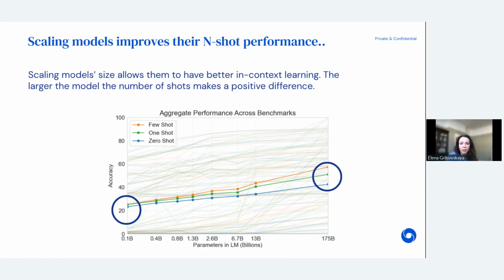Different lines correspond to zero-shot, one-shot, and few-shot. So zero-shot is just no examples, and few-shot is several examples. And we can see that scaling the model to 175 billion parameters substantially improved performance, especially for few-shot.